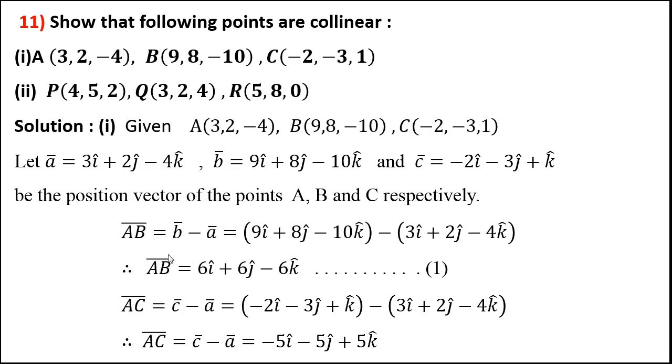Now, after writing these position vectors of points, we write vector AB bar, vector BC bar, and show that by doing little adjustment, we can show that one is a scalar multiple of other. Now, when vectors are scalar multiples of each other, they are collinear, and therefore points will become collinear. Now, for the second set P, Q, R, you work out the calculations and verify that points are collinear.